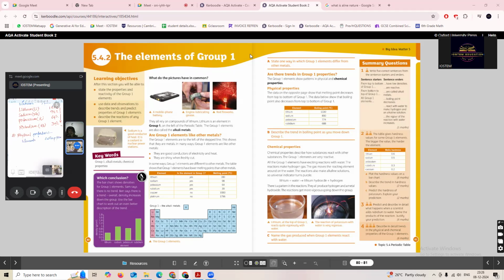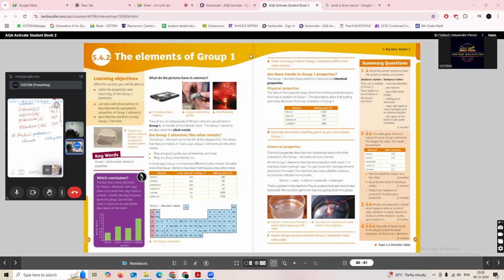What do you mean by boiling point, Lohit? When the temperature where the substance becomes a vapor. So vaporization, not evaporation. Evaporation is a different thing. What is the boiling point of water? 100 degrees C. Very good.